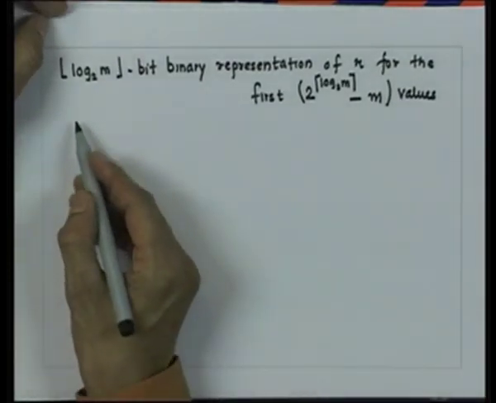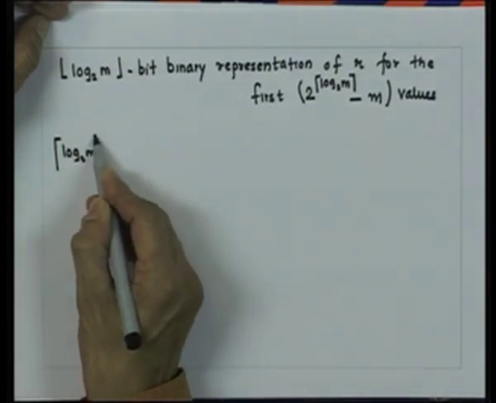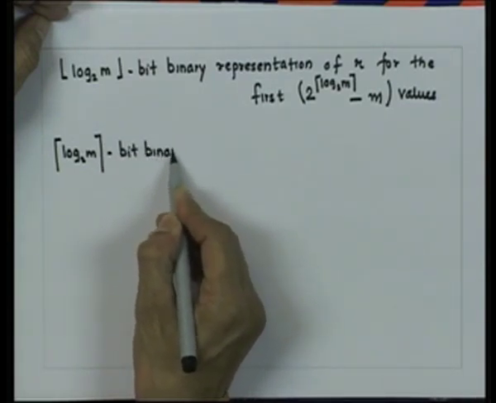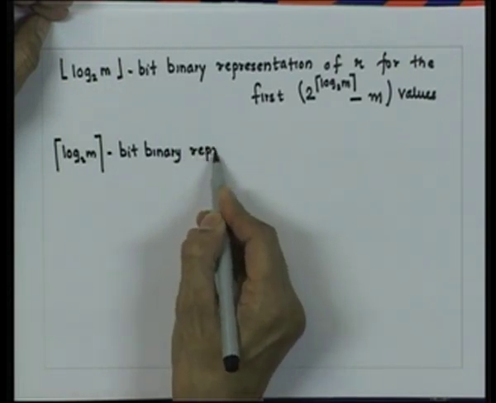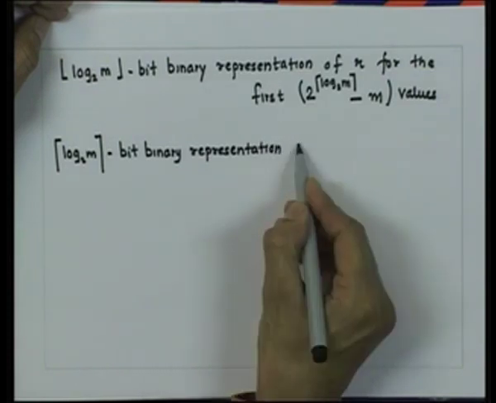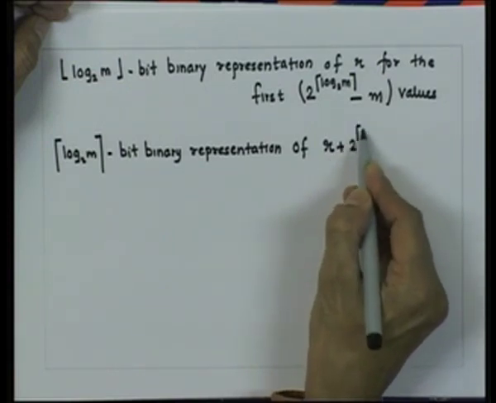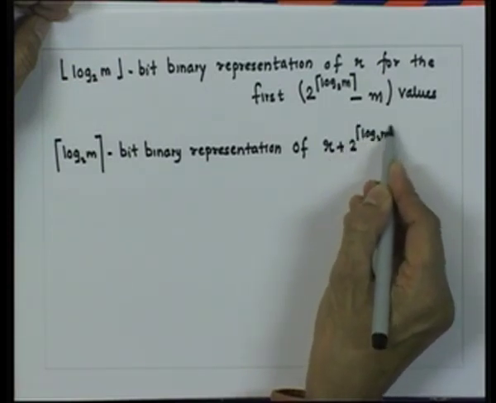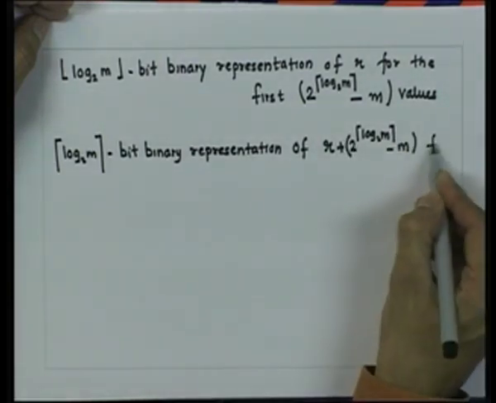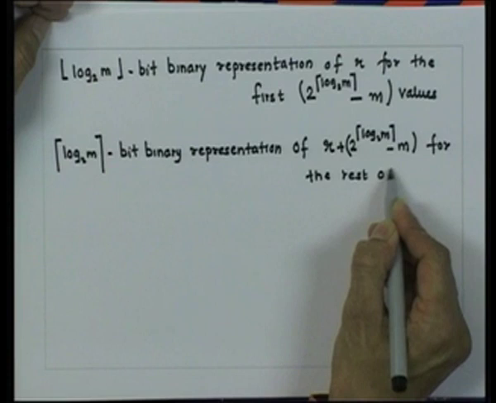For the rest of the values, we use the ceiling of log 2 m bit binary representation of r plus 2 raised to the ceiling of log 2 m, minus m.